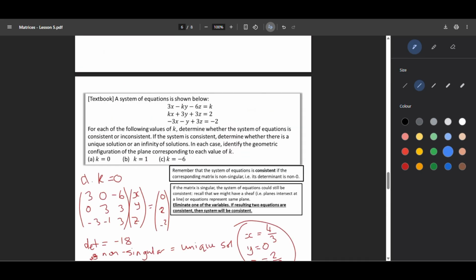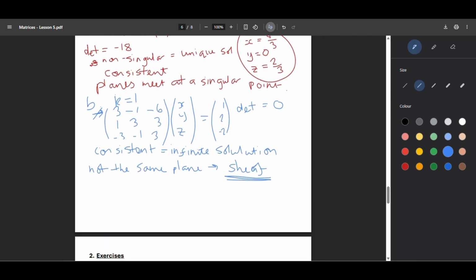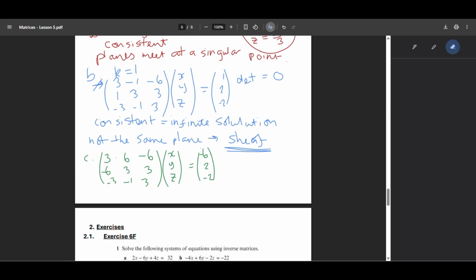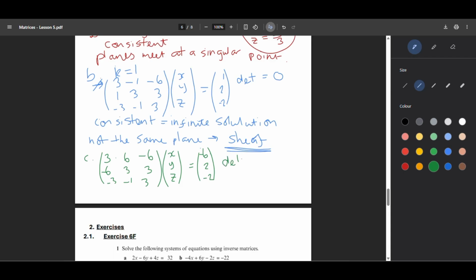So part C, this time our k is going to be -6. So I'll just do the equation and all that. So for that system of equations, I get that the determinant again is 0. So again, that either means we are working with infinite solutions or no solutions.